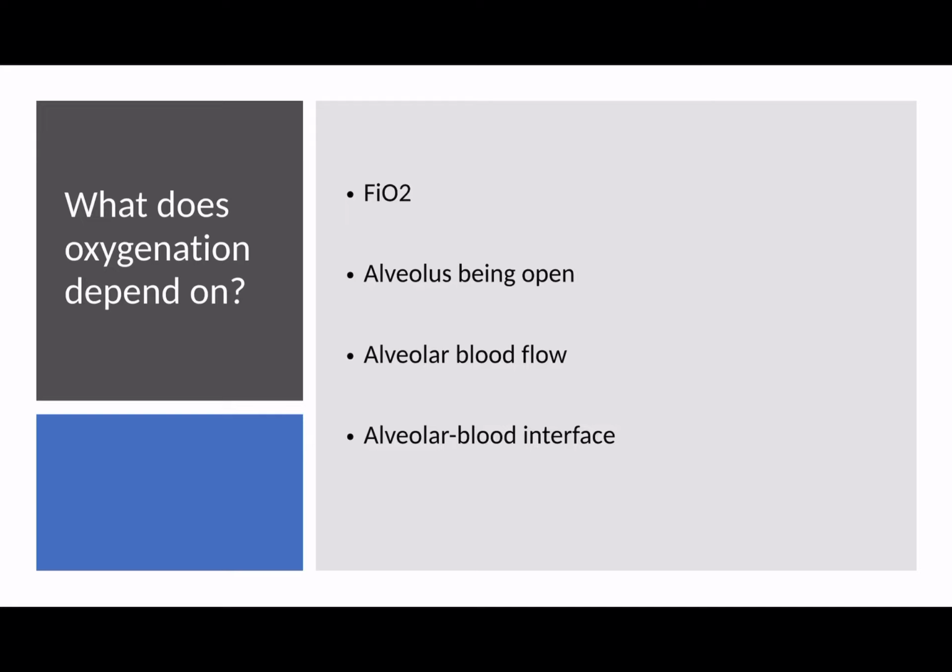The final thing that needs improving is the blood-alveolar interface. This is what's usually the problem in disease states like pneumonia. The lungs will fill up with pus, or they become edematous with inflammation or with fluid in heart failure.